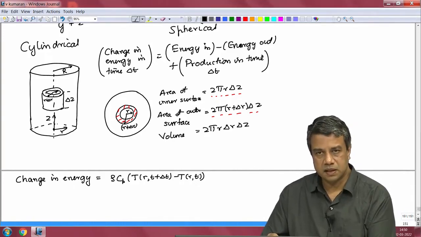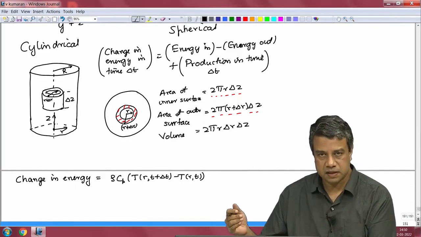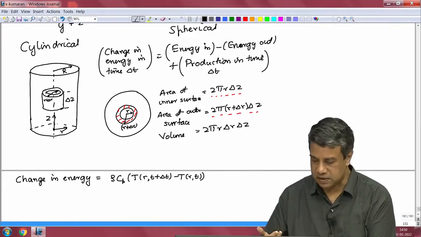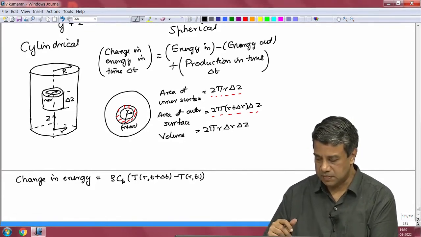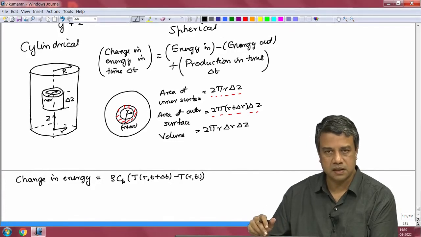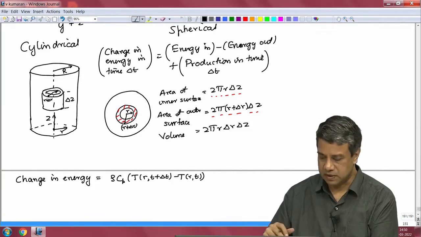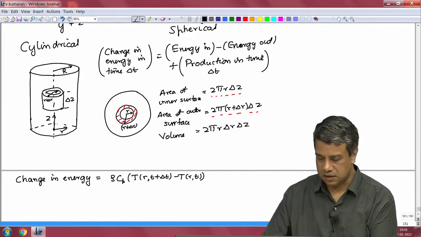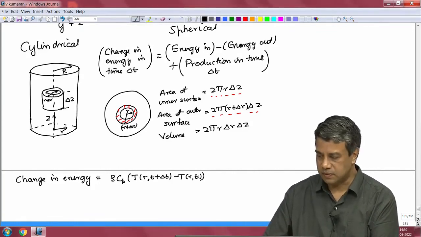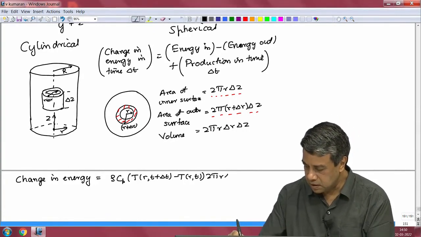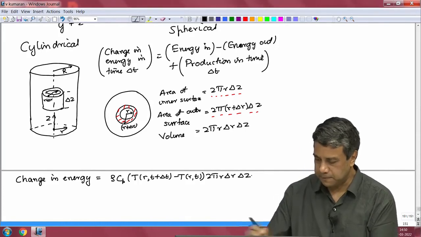This is the change in the energy density. Rho Cp T is the energy density. The difference between two successive time intervals is rho Cp times T at r, t plus delta t minus T at r, t, and this has to be multiplied by the volume because this is a change in energy density. To get the change in energy we have to multiply this by the volume, which is 2 pi r delta r delta z.